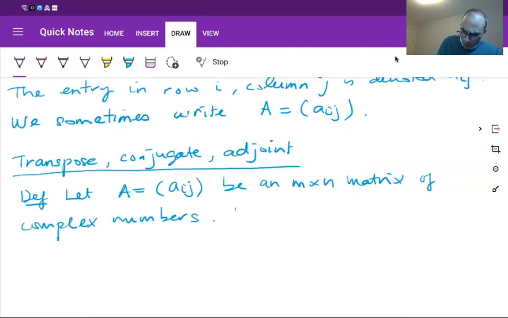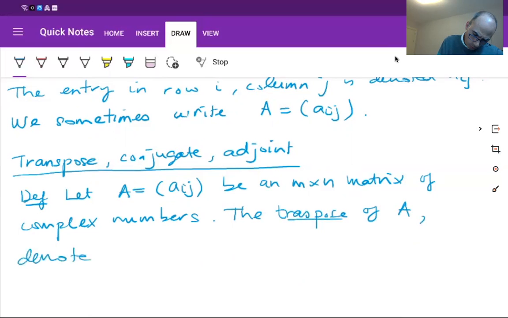Okay, so the transpose of A, denoted with a superscript capital T, is the n by m matrix AJI.